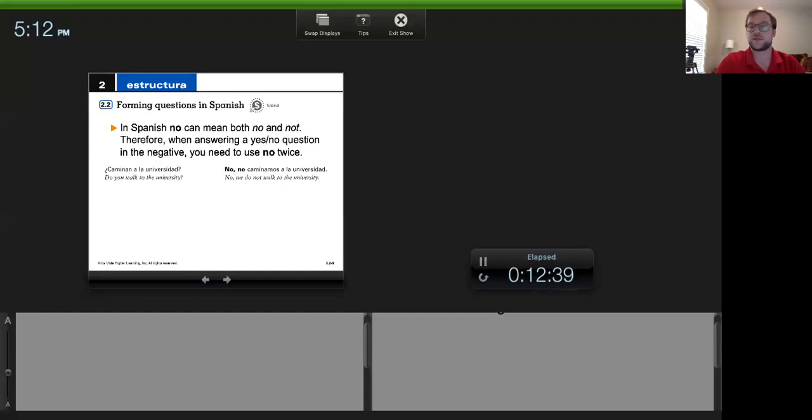So also in this sentence, no, no caminamos a la universidad. No, we do not walk to the university. Or sí, caminamos a la universidad. Yes, we do walk to the university. So make sure when you're negating a yes or no question that you use both no's, right? One to answer the question and the other to negate the verb.